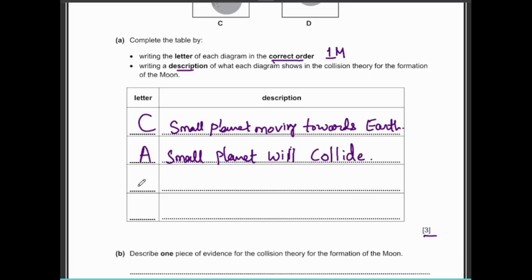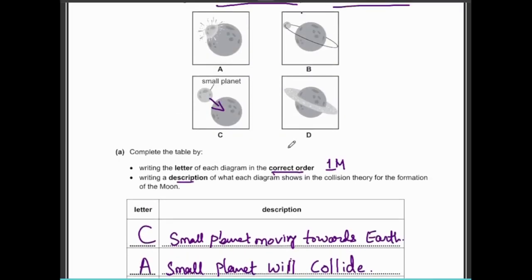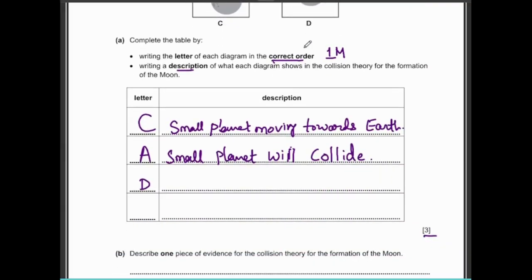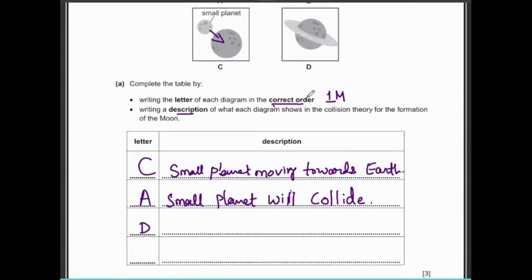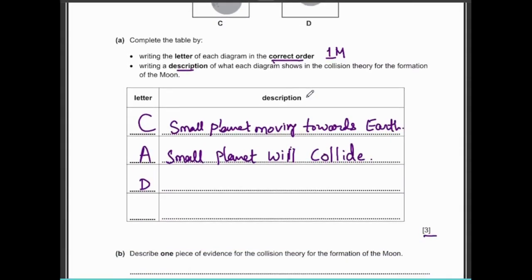And then we have the D. There you form the dust particles, and the planet is revolving around the earth. So D should explain the debris after this collision. Debris collects around the earth.